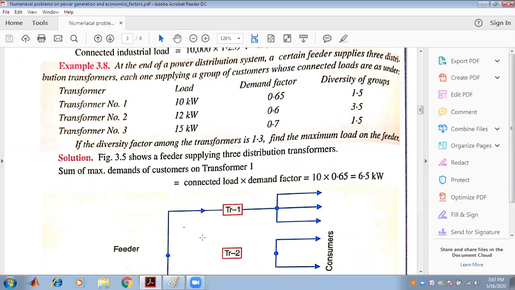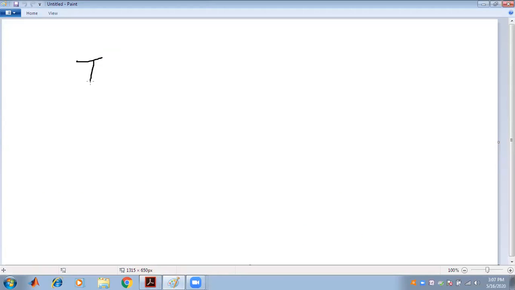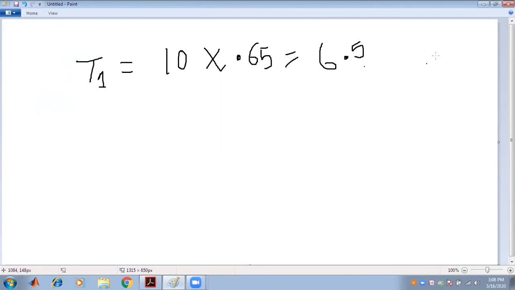So the sum of the maximum demands of customers on transformer 1 is 10 into 0.65, which gives 6.5 kilowatt.